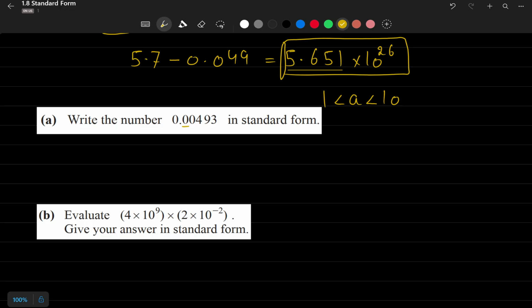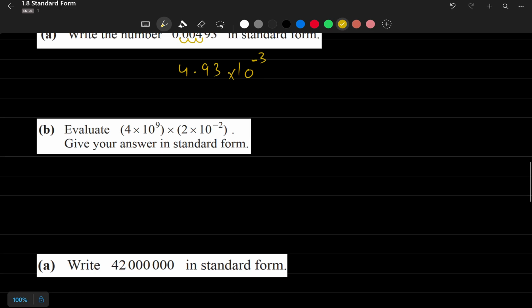Now this is 0 which is not greater than 1, so we have to move the decimal towards right 3 times. We will write 4.93 into 10. Now we move the decimal towards right, so power becomes negative, so the answer is 4.93 into 10 raised to power negative 3.